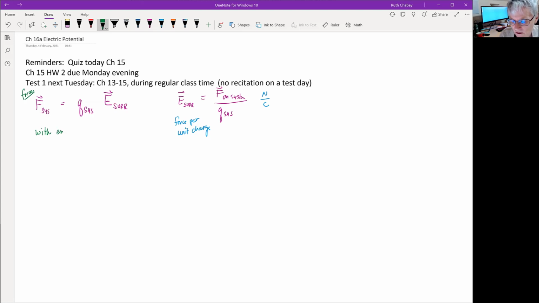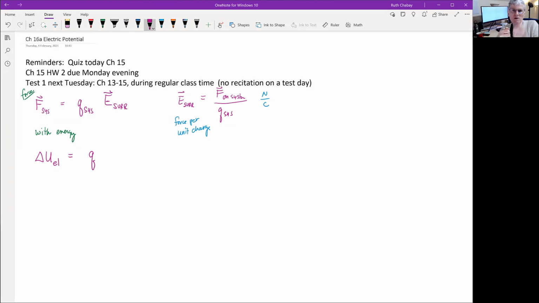With energy, the change of electric potential energy for a system is going to depend on the charge of some object that moves, because remember, changes in potential energy had to do with changes in configuration.